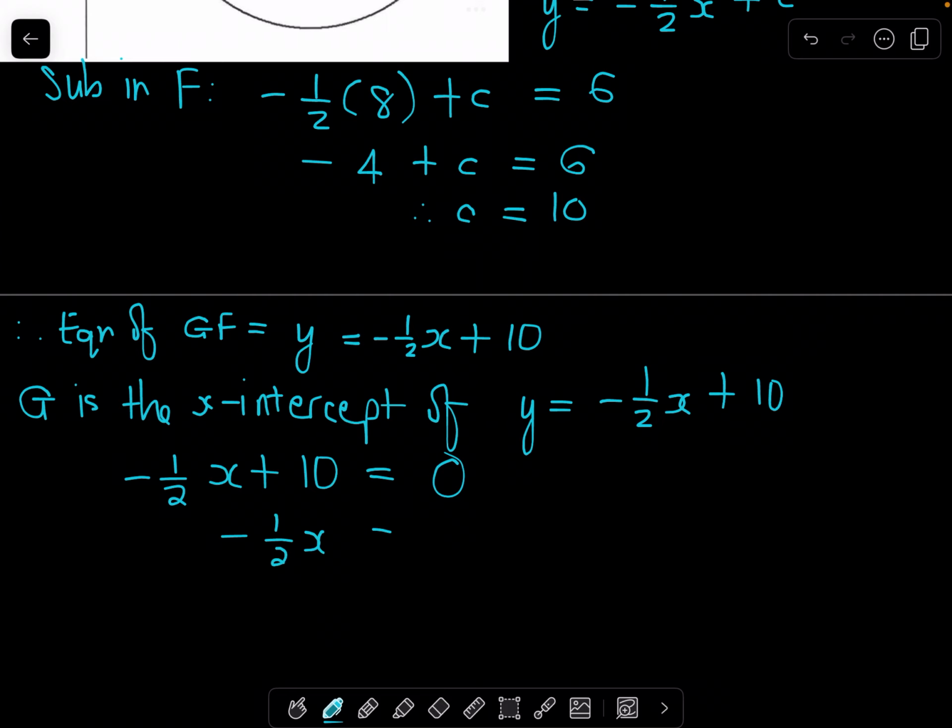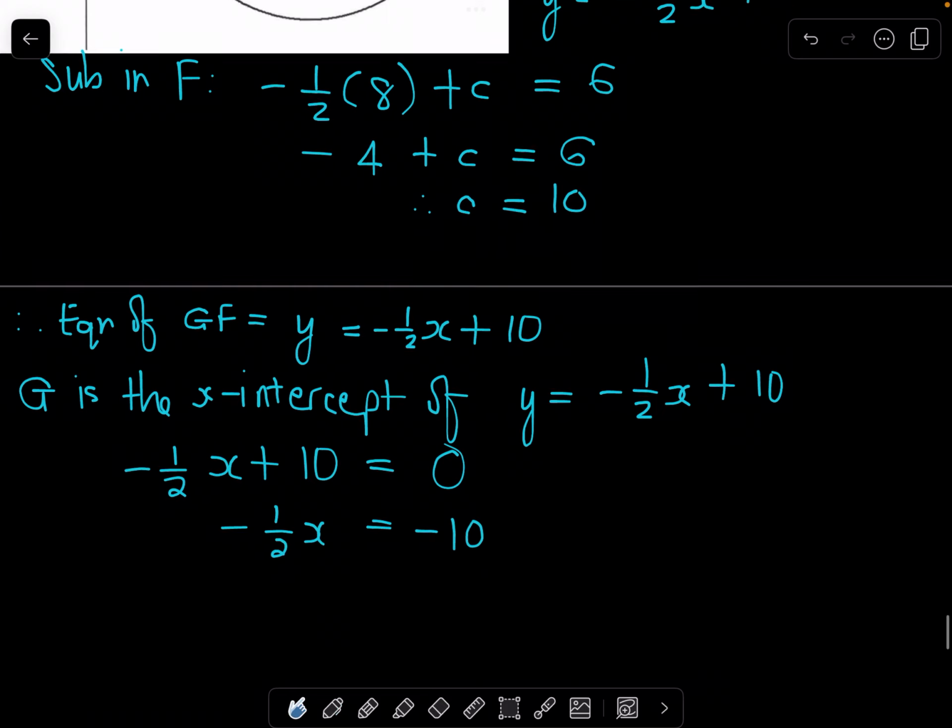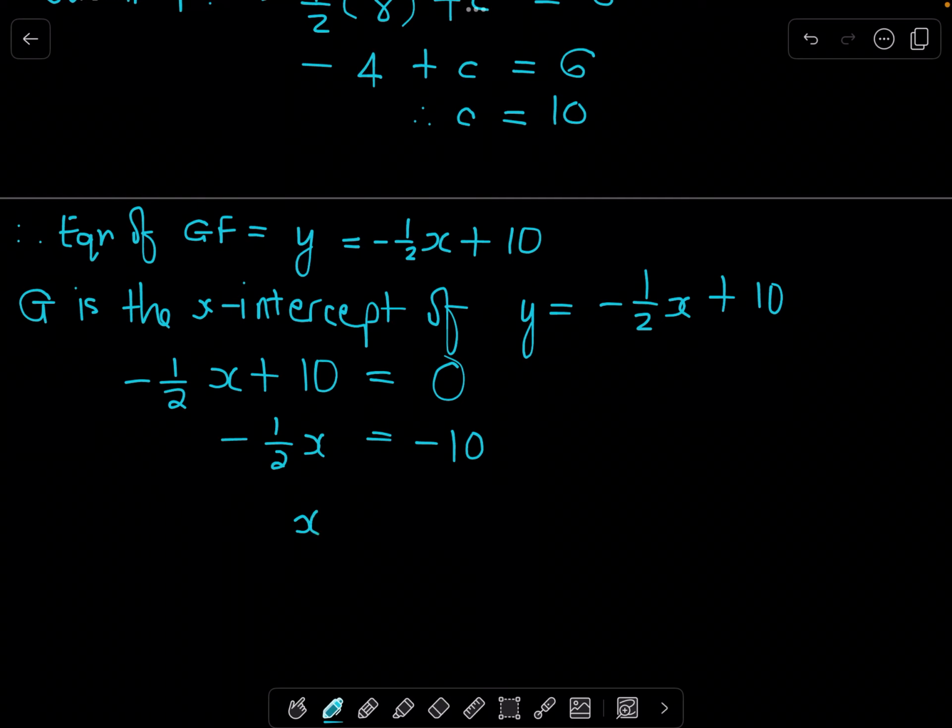So minus a half x is equal to minus 10. So the x must be 20. So therefore, the coordinates of G are 20 and 0.